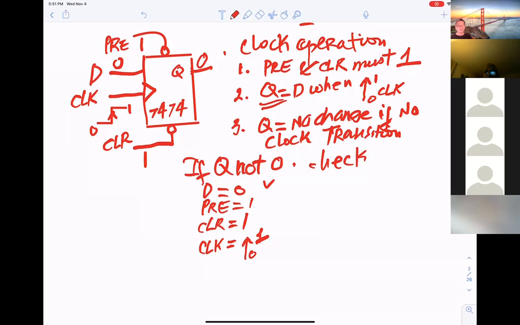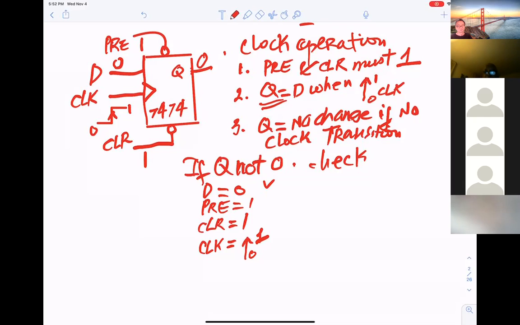If they ask me why the output is not 0, I can ask them: what do you get at the input D? What do you get at preset? What do you get at clear? Do you get a clock going 0 to 1? If they say, okay, we get everything, then the IC.